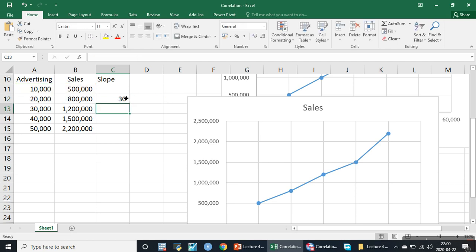Click enter. This is 30. For this value the slope is 30, and for the next value it is 40.